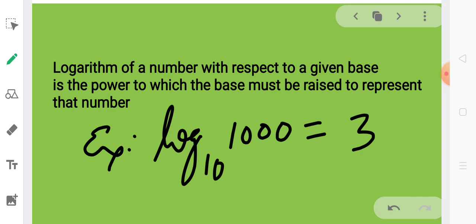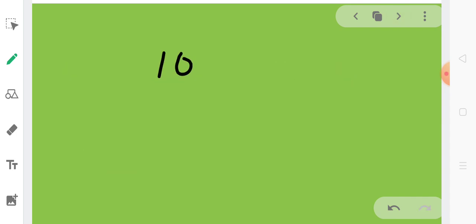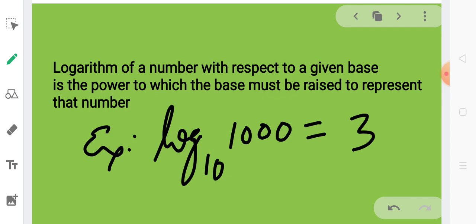Now just go through the definition and then relate it with the example. Logarithm of a number, log of 1000 with respect to a given base 10, is the power to which the base must be raised. What is the base in this case? 10. What is the power to which it should be raised in order to represent 1000?